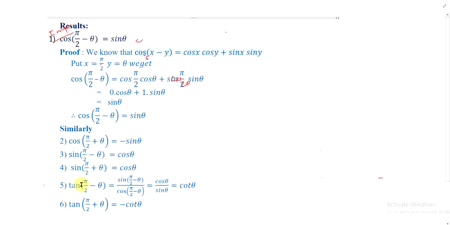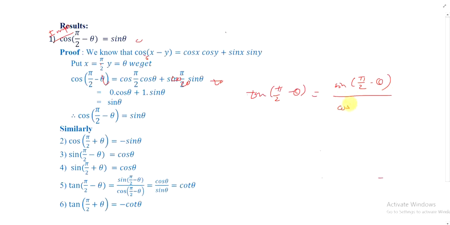Now, tan(pi/2 - theta). Tan(pi/2 - theta) is equal to sin(pi/2 - theta) over cos(pi/2 - theta). Sin(pi/2 - theta) is equal to cos theta, and cos(pi/2 - theta) is equal to sin theta.